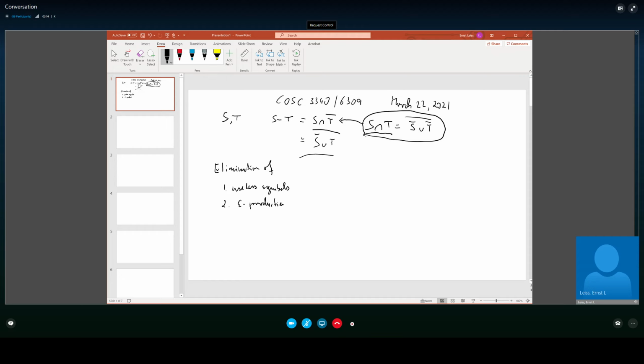Now, that then was the basis for Chomsky normal form, CNF, where productions are of the form variable goes to two variables or a single terminal.